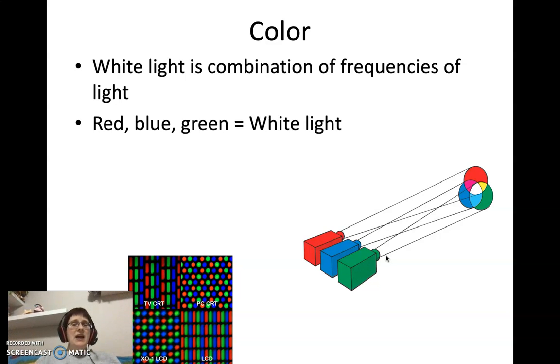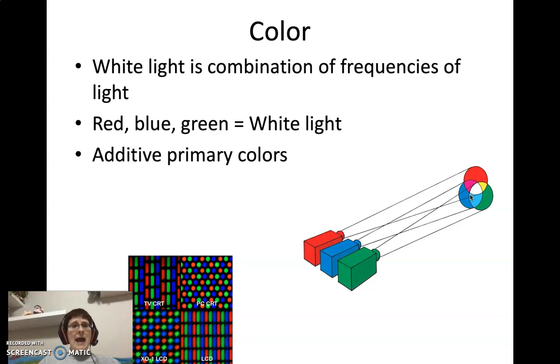But we actually only need red, blue, and green, and that's because we can only detect red, blue, and green. So those three together will make white light, and that's what they've done here. They're showing you we've got red, blue, and green, and when we overlap them, we get different combinations of these lights. All three of them together are going to get us white light.